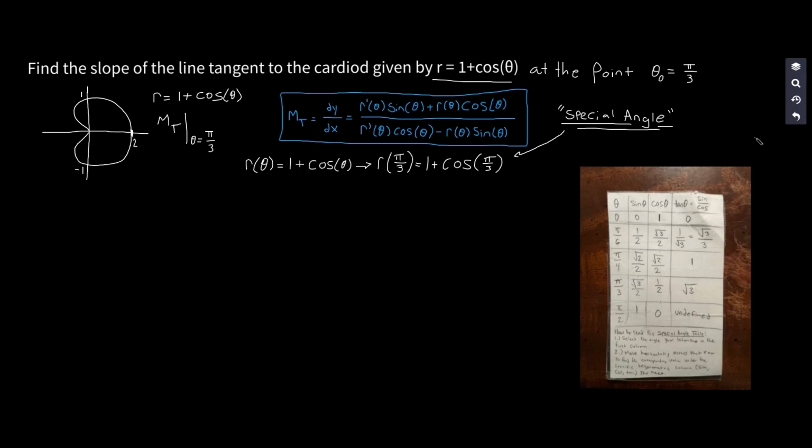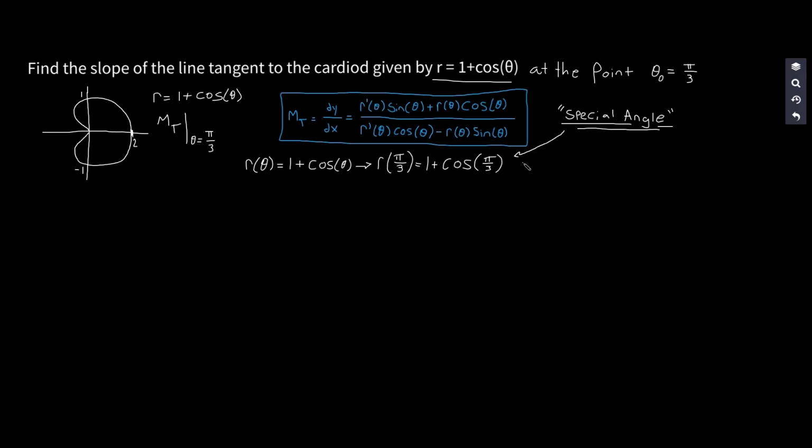I'm not going to tell you guys to memorize them because, quite frankly, I keep a note card at my desk with them on it. Now that said, this function is going to become 1 plus 1/2. Then we can rewrite 1 as 2 over 2 plus 1 over 2. It's going to be 3/2.